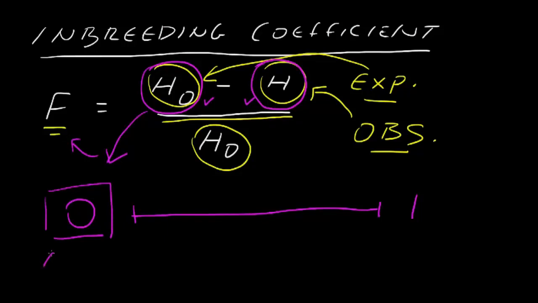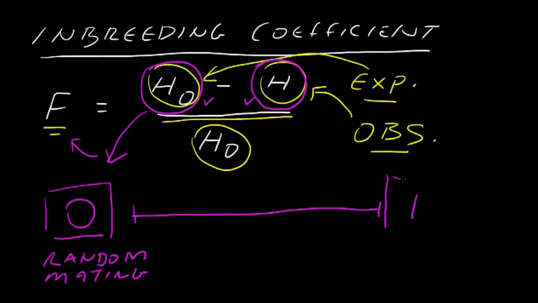So a 0 value here would mean that we're meeting the mating conditions of Hardy-Weinberg. So we'd expect random mating when we have a 0 value, or a value that's close to 0.